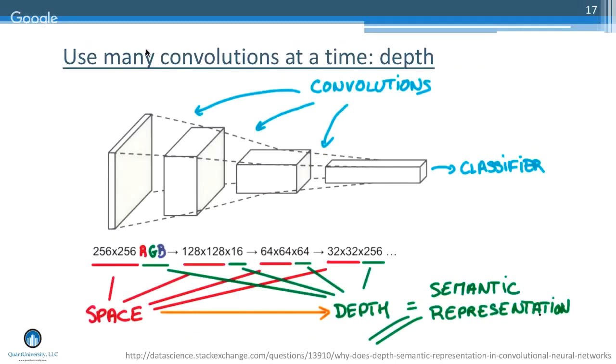To go to the next level, I'm going to have 64 different filters, where each filter is looking at all 16 channels. So it might be a 2x2 by 16 set of weights, and I have 64 of those filters. Now I have a representation that's more semantically deep. I have 64 different things I know about what's happening at each location, but I only have that once every 4 pixels in each direction.